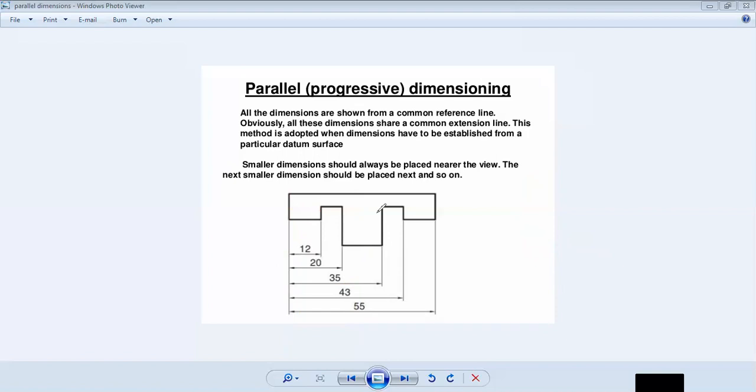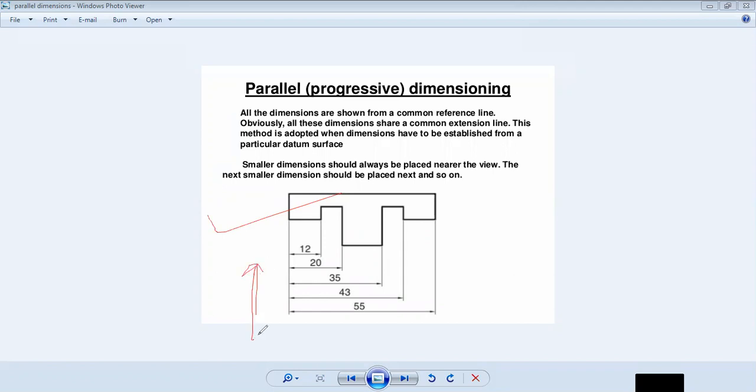Now we have seen the dimensioning methods: first unidirectional, then aligned. In both of them we can have parallel dimensioning as well as chain or continuous dimensioning. Parallel is also called progressive dimensioning. Now tell me, which dimensioning method is this, unidirectional or aligned? Why? Dimension above the line, correct. You can see that all the dimensions are horizontal and can be seen from one direction, the bottom.